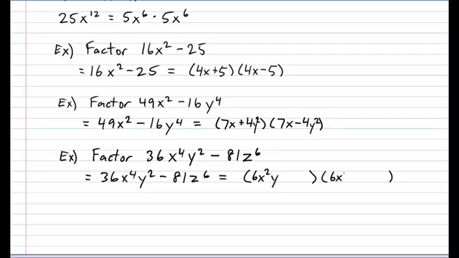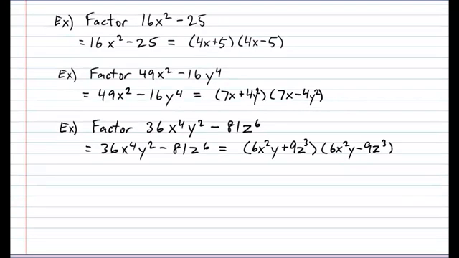Put another one in the second bracket. And the square root of 81z to the 6 is 9z to the 3. Put another one inside the second bracket. And one bracket contains a plus, the other bracket contains a minus.